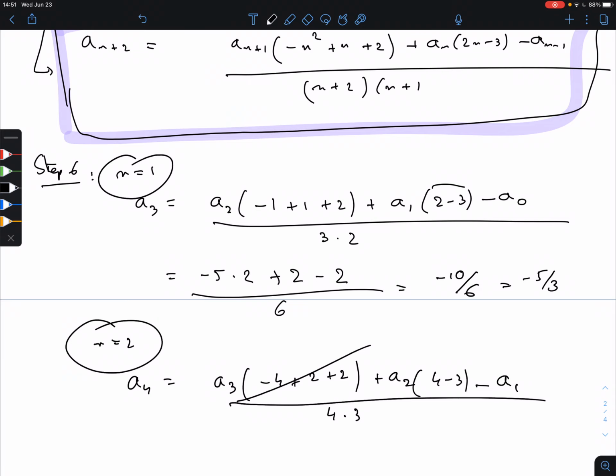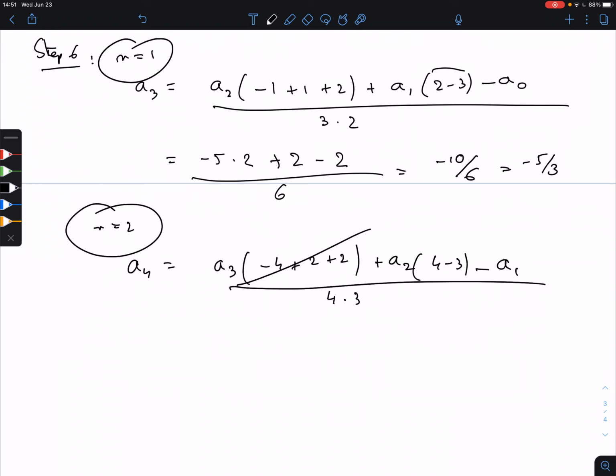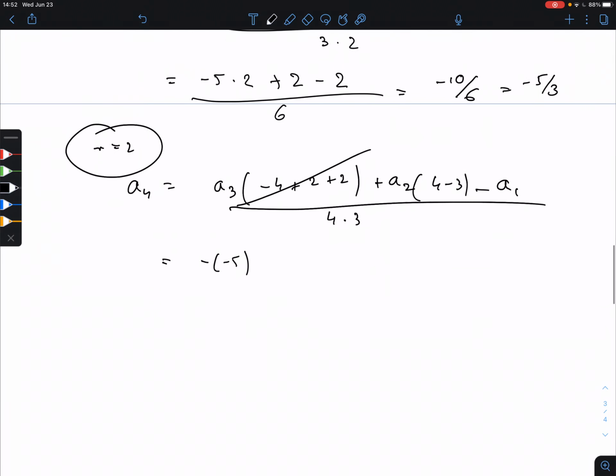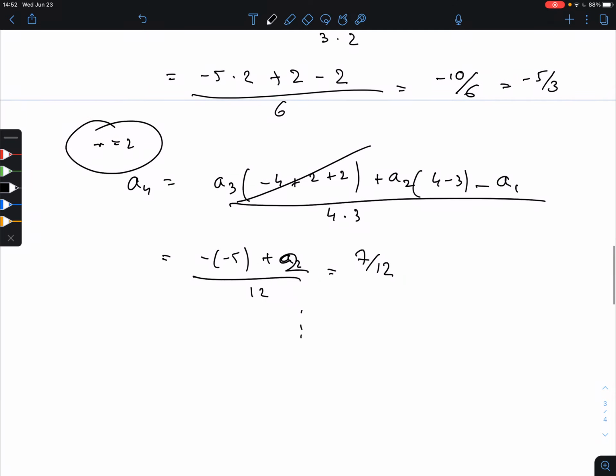So the first term is actually 0 as we noticed, so we have a_2, which was negative 5, right? Or was it 5? a_2 was negative 5. Minus a_1, so it was plus 2 over 12, plus 2. So this is 12 over 12, no, sorry, 7 over 12, seven twelfths, okay? And so on. Let me not work out the details.